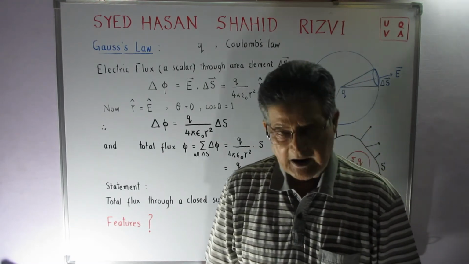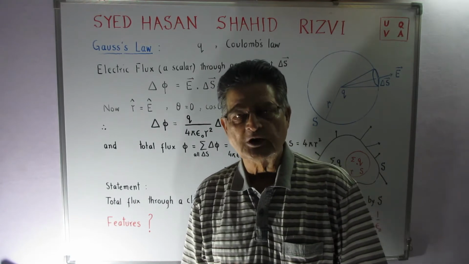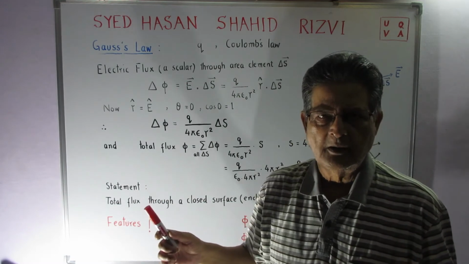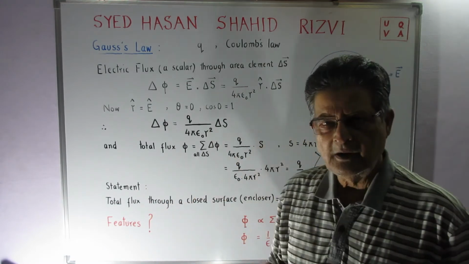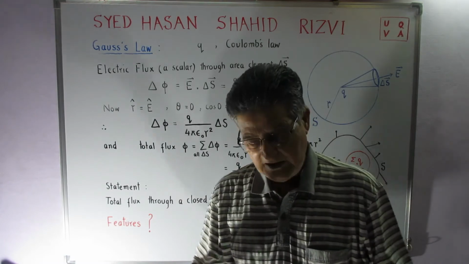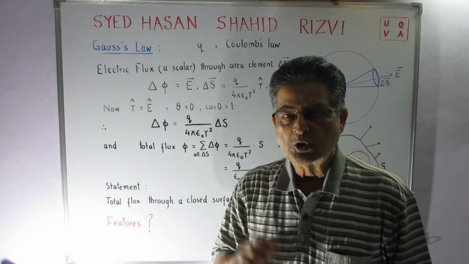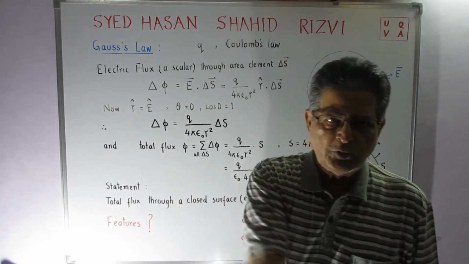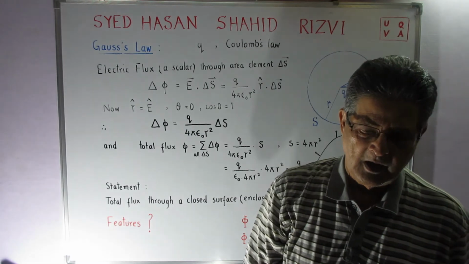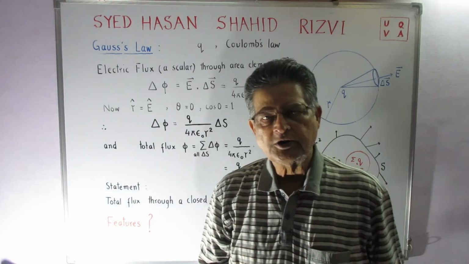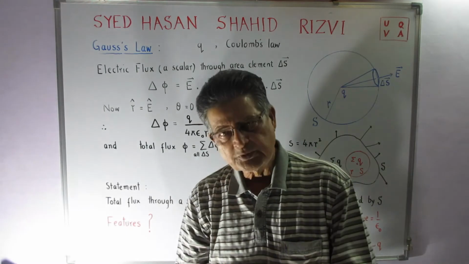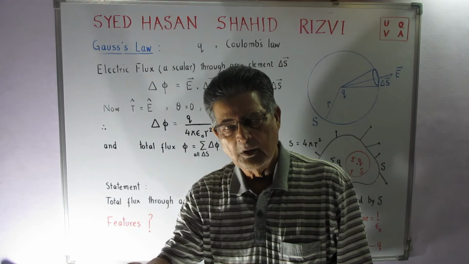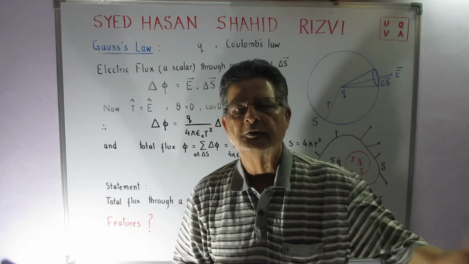So, for the first question, the total charge enclosed, the sigma of the charge enclosed by the enclosure, is equal to 0. In the second instance, the total charge has to be positive, so that the flux out outweighs the flux in. And in the third case, the total charge has to be negative, which absorbs. That means the incoming lines of field are more as compared to the outgoing lines of field.